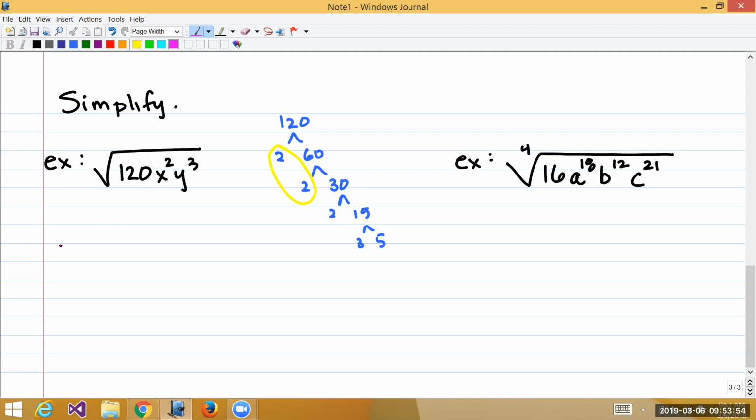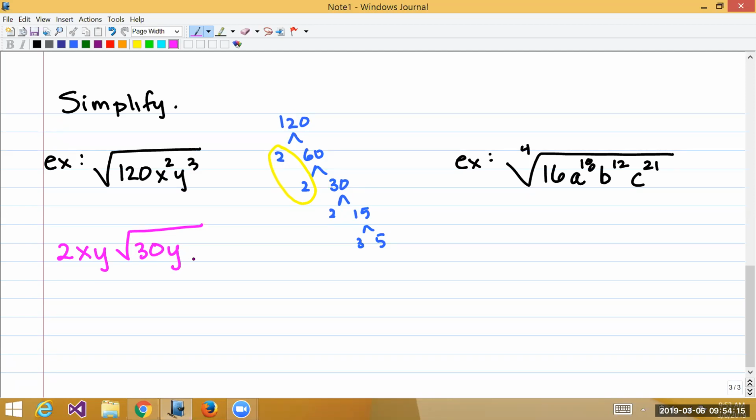So we can pull out a 2. Now I have 2 factors of x. If I want a pair, I can pull out an x. And if I have 3 y's, I can pull out 1 pair. Now what I'm left with on the inside, we said was 30. I don't have any x's left on the inside, and I have 1 y left.